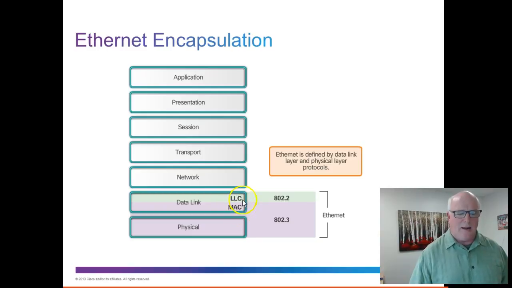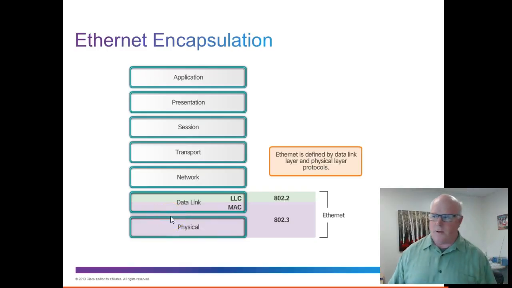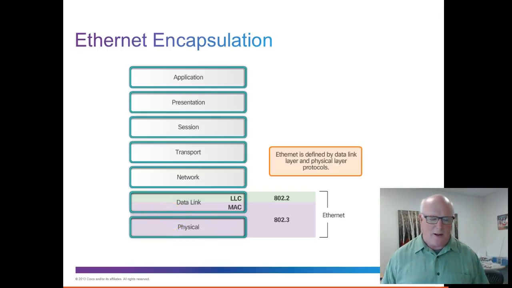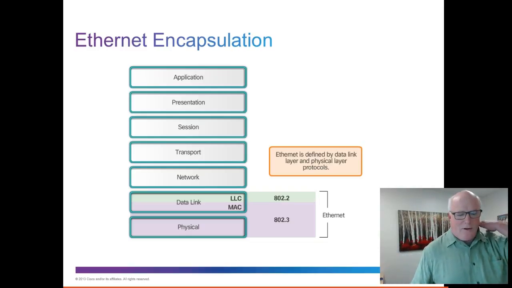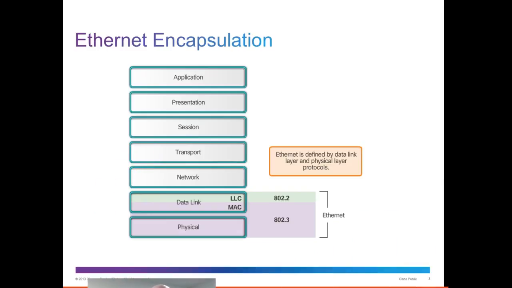Again, this is where the physical properties of a computer, the physical coding, the electronic pulses, the light pulses, coming in on various cables and media, get converted into logical processes that are used in the computing side. When we say it gets passed up to the upper layers, it happens at the data link layer. It takes it, strips off the MAC addresses, and hands the encapsulated data up to the application area.